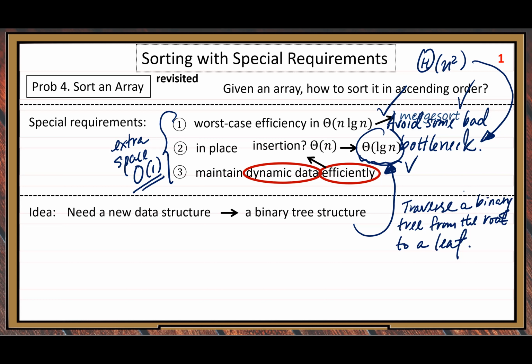We have a chance to get big theta of log n. We just have a chance.